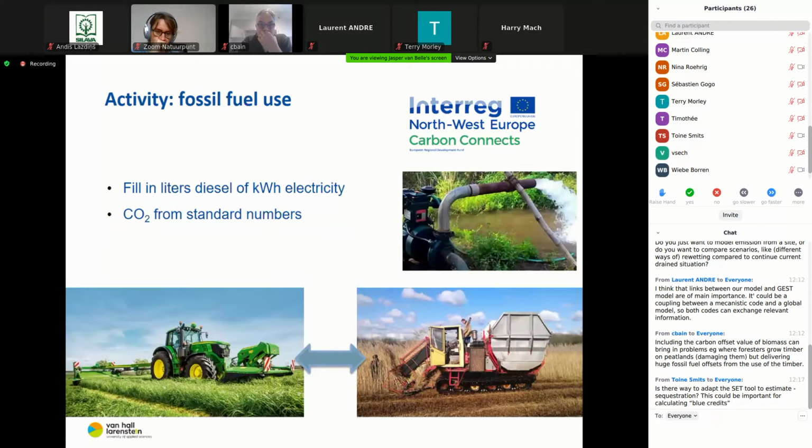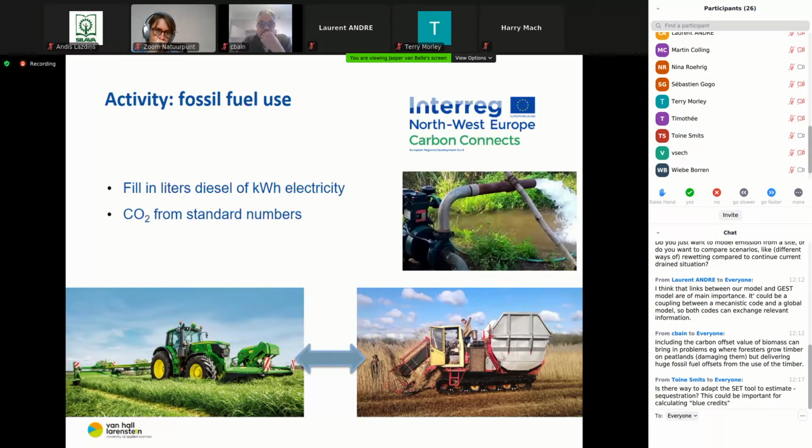So the next step is to put in the amount of diesel or electricity usage that is associated with the land management, which is then calculated into the associated CO2 emissions.